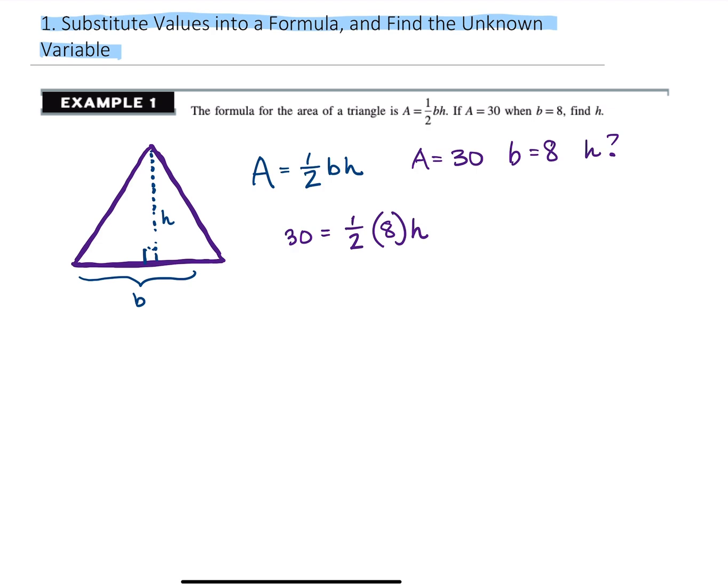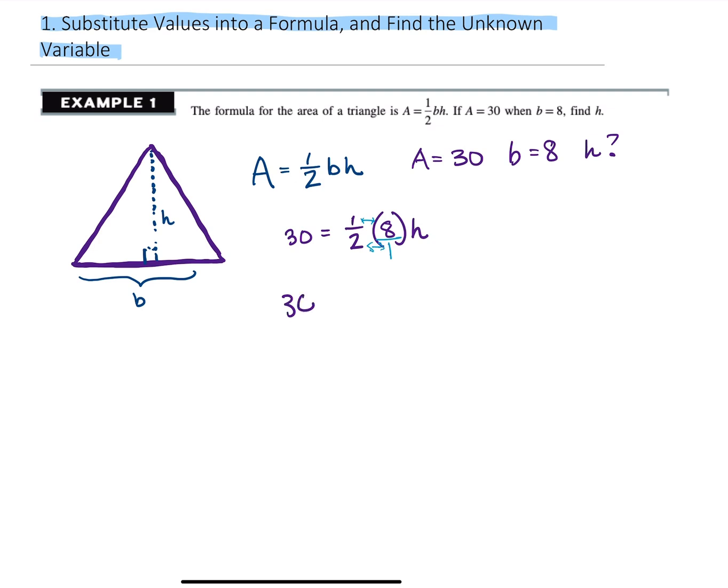So let's just solve for h. I'll first start by multiplying the 8 and the 1/2. Multiplying by 1/2 is the same thing as dividing by 2. We could also see this as an 8 over 1, and we're multiplying two fractions here. When you multiply two fractions, multiply the tops and the bottoms together.